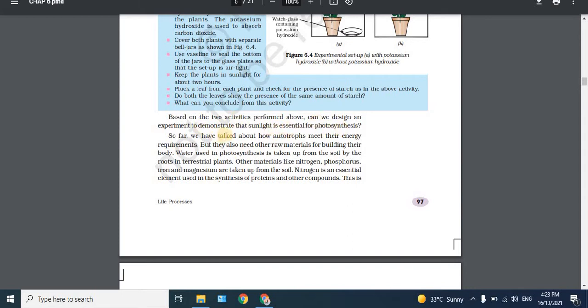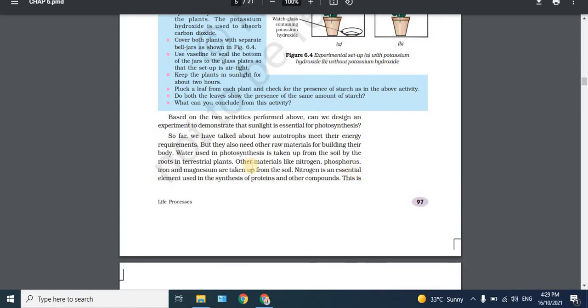So far, we have talked about how autotrophs meet their energy requirements, but they also need other raw materials for building their body. Water used in photosynthesis is taken from the soil by the roots in terrestrial plants. Other materials like nitrogen, phosphorus, iron and magnesium are taken up from the soil.